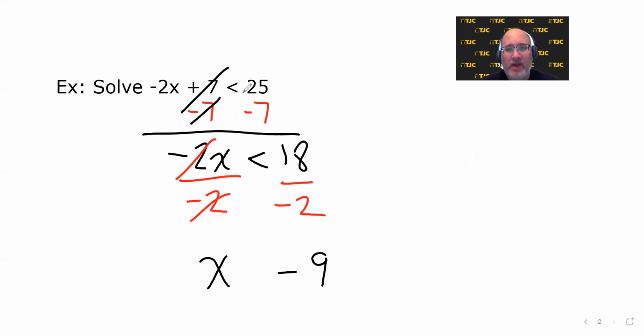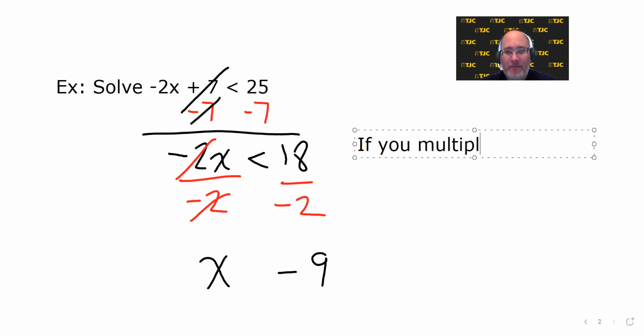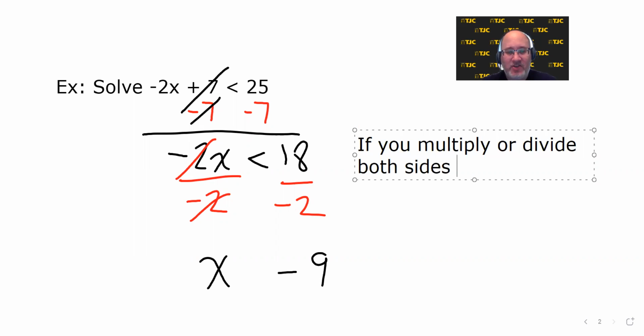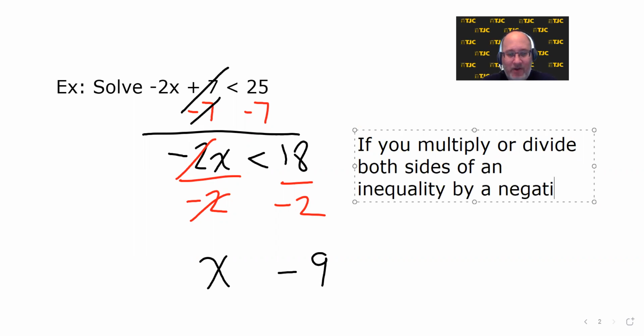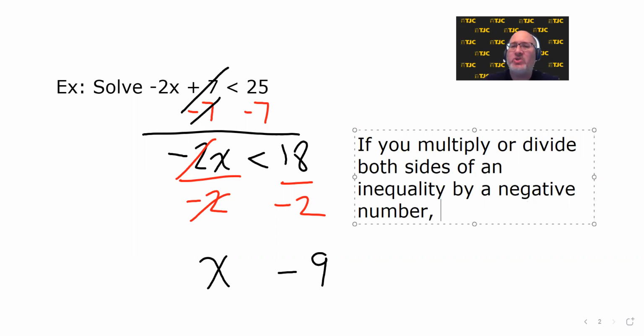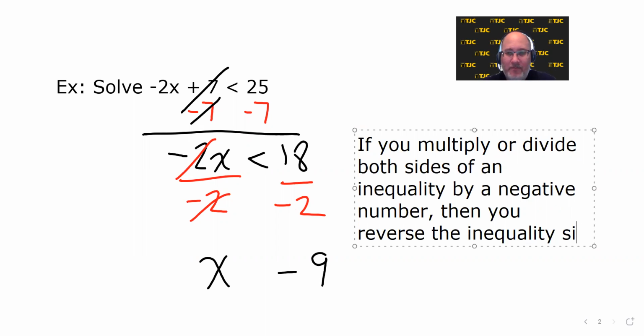However, and here's the rule I know that some of you were saying, if you multiply or divide both sides of an inequality by a negative number, I'm going to put a comma there and pause. We just did one of those moves. We just divided both sides of the inequality by a negative number. Then you reverse the inequality sign.